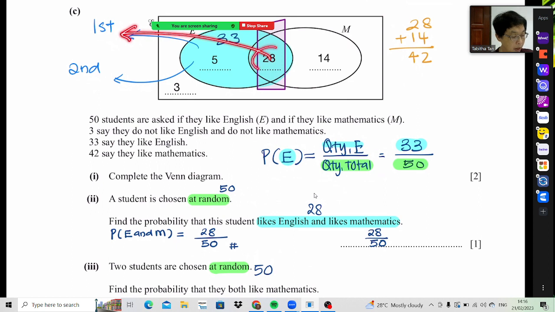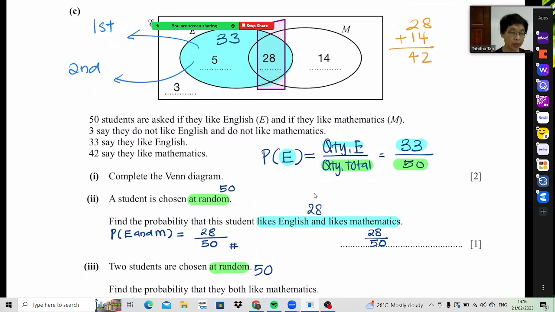So how many are available for you to pick from? 28. 28 who like maths. Then you set the student aside, and this has one student less. So you get 27 when you want to pick the second one. In other words, the second choice is out of this 27.